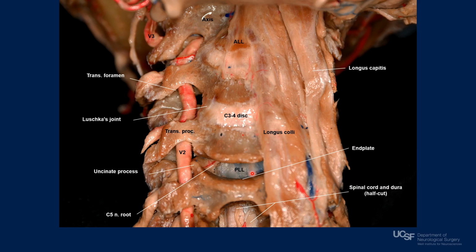After removing the disc, we can identify better the uncinate process, and in this superior region we see the uncovertebral joint, and more posteriorly we see the dural sleeve of C5, and we also see the posterior longitudinal ligament, which is going to be attached to the posterior region of the vertebral body.